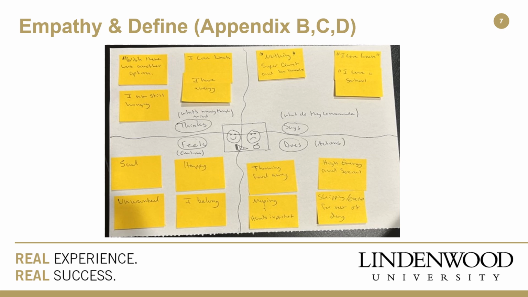Thinks, what's running through the user's mind. Says, what the user may communicate. Does, what actions the users do or what takes place, and feels, what emotions the users have.